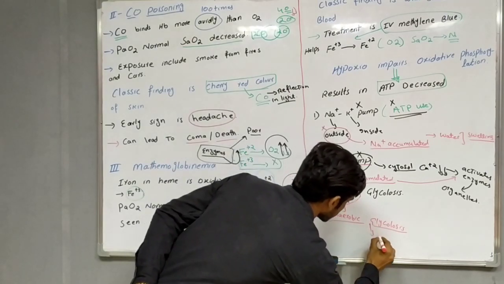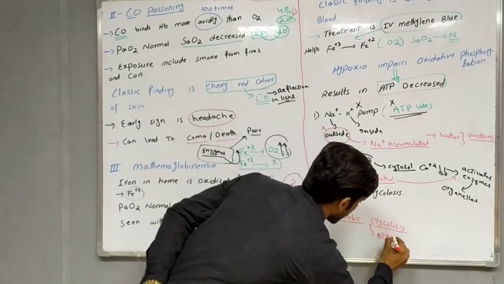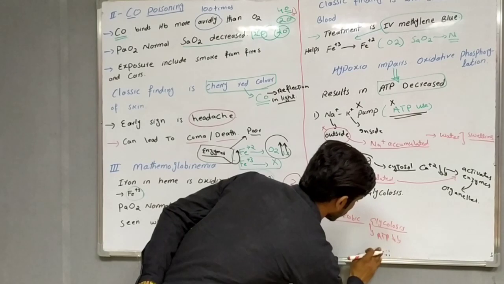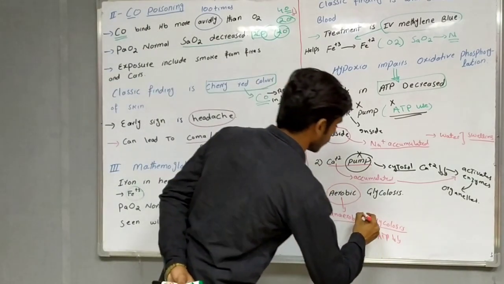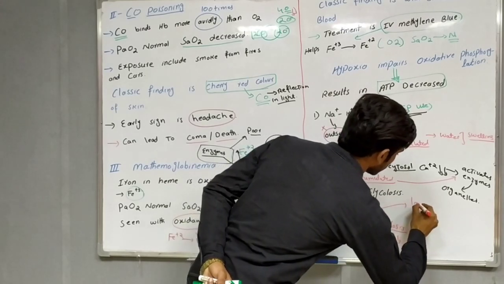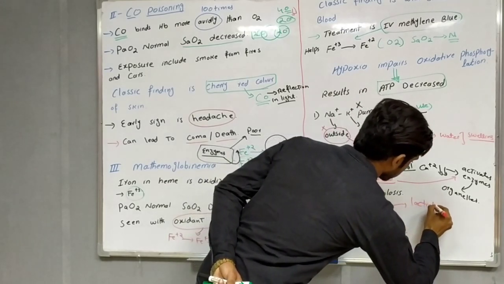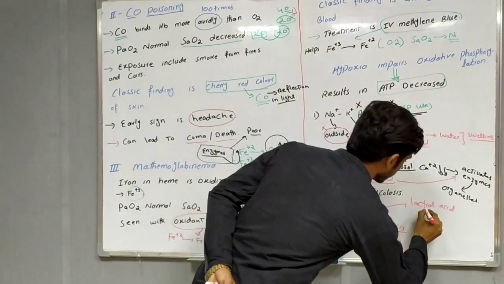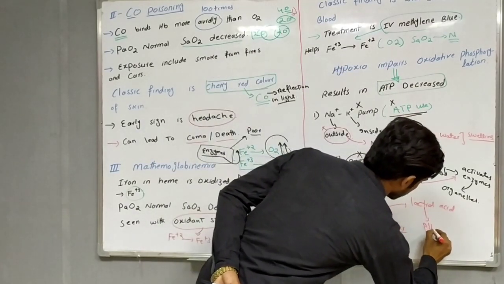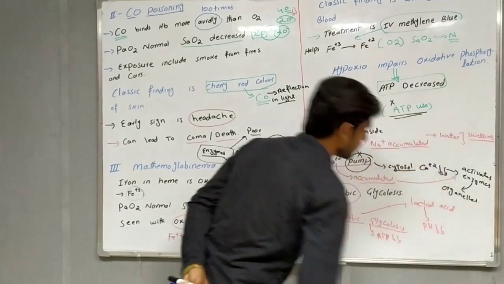First, less production of ATP as compared to aerobic glycolysis. Second, more production of lactic acid. Lactic acid is an acid, so it will decrease the pH of the cell.